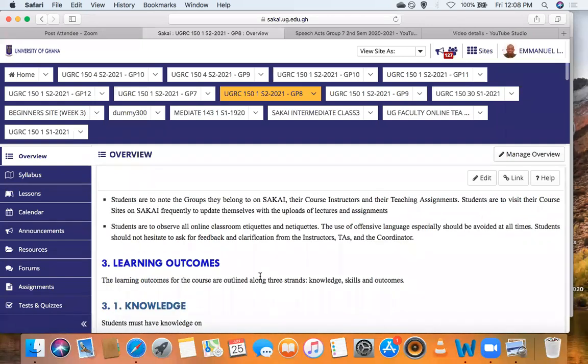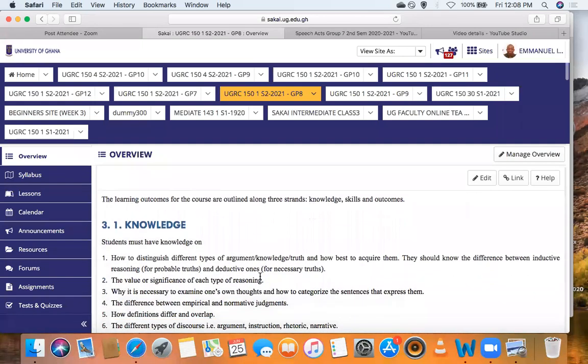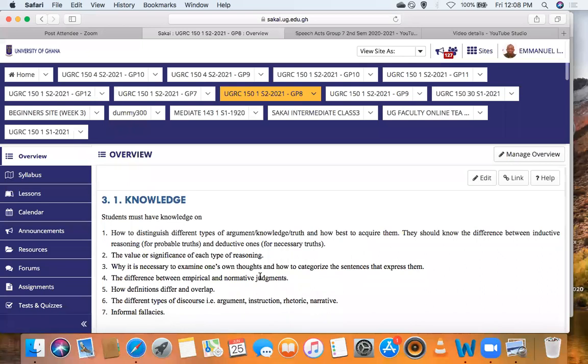Now, at the end of this course, we are hoping that we will gain a couple of things. First of all, in the area of knowledge, we are hoping that students would learn to distinguish types of arguments and how best to make them.